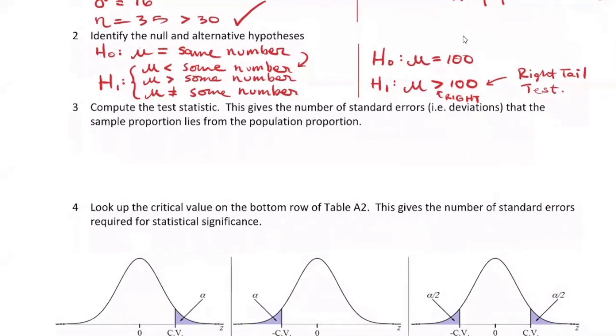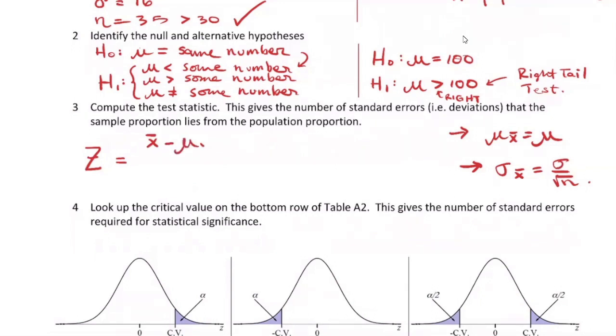Now the test statistic, I'll remind you, I'm going to do a little tweaking here. Remember that you would take a z-score, because we know the population standard deviation. So the z-score of a sample mean would be the sample mean minus the mean of sample means over the standard deviation, or standard error, of sample means.